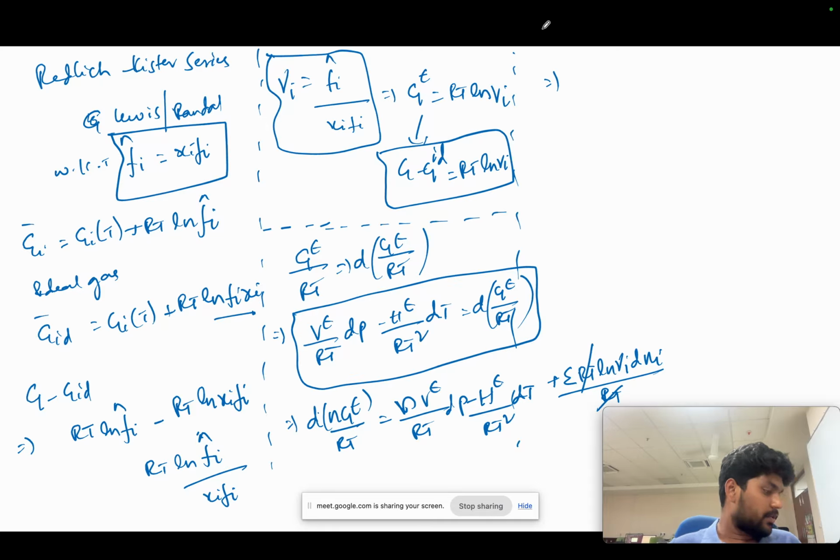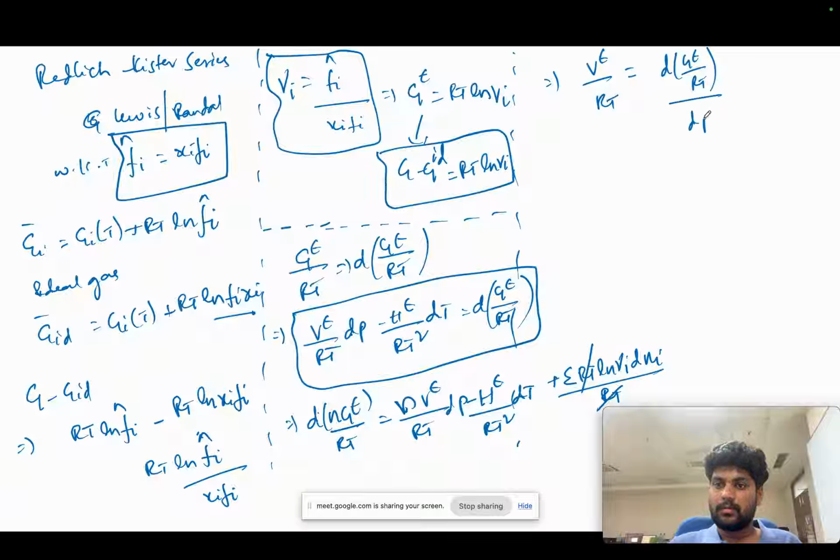So now this equation will be equal to d of G by RT at constant temperature comma x, then minus H by plus H by RT equals minus T by d of G by RT at P comma x.